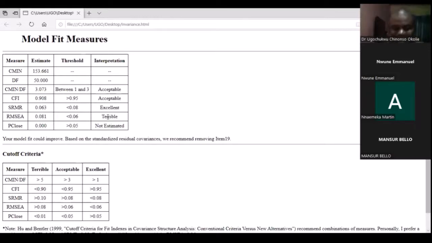This can't work. Reviewers will be waiting for your paper to report RMSEA that is not good, that is terrible, and they will ask you why. Okay? And we also have PCLOSE not estimated at all, because it must be above 0.05. So this data has an issue.